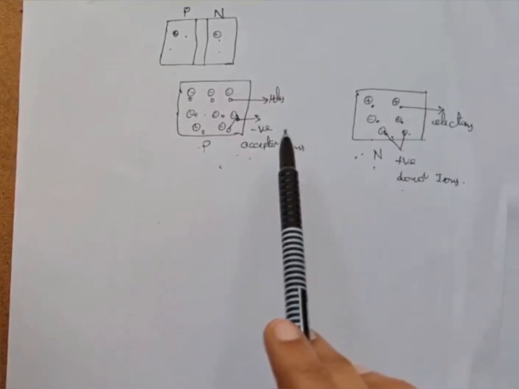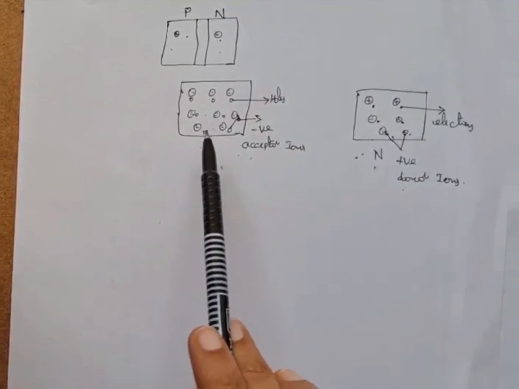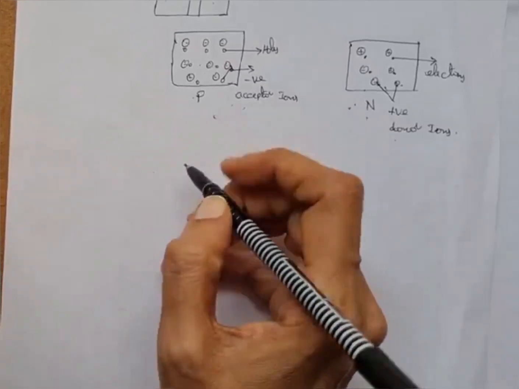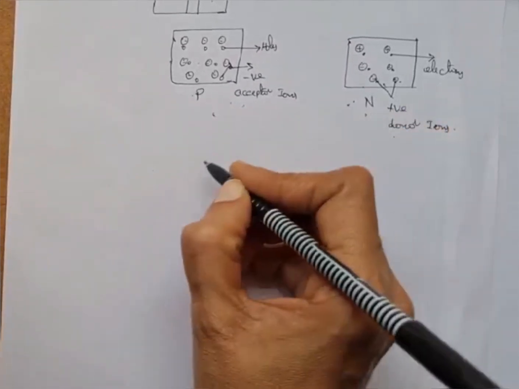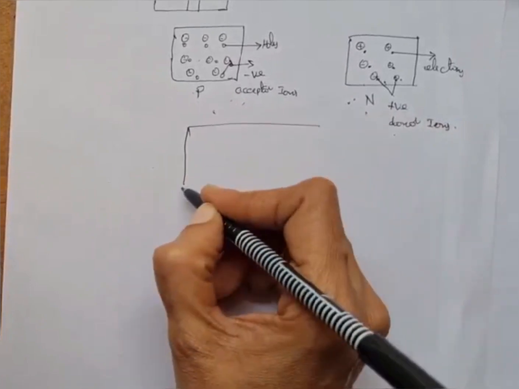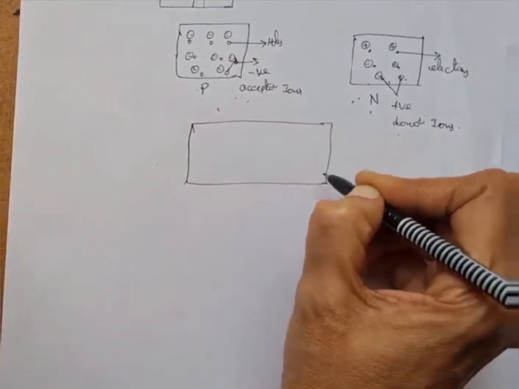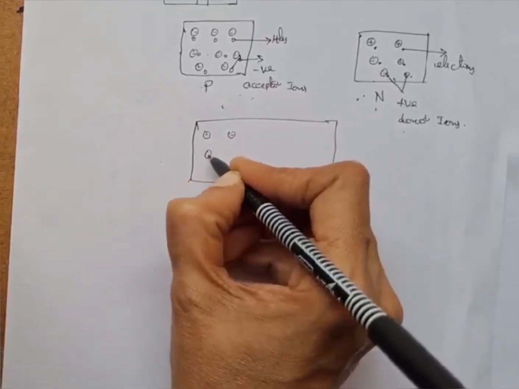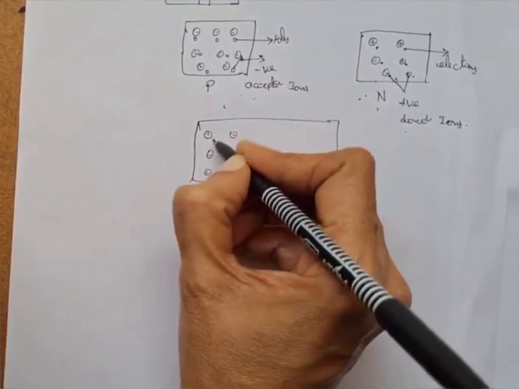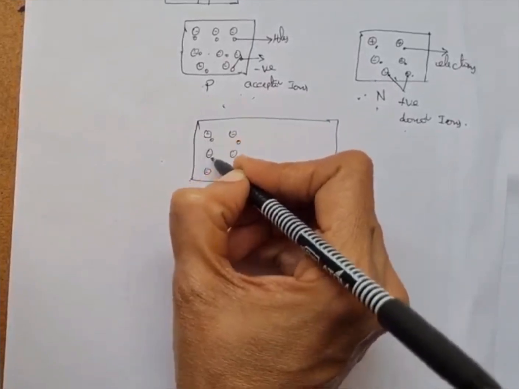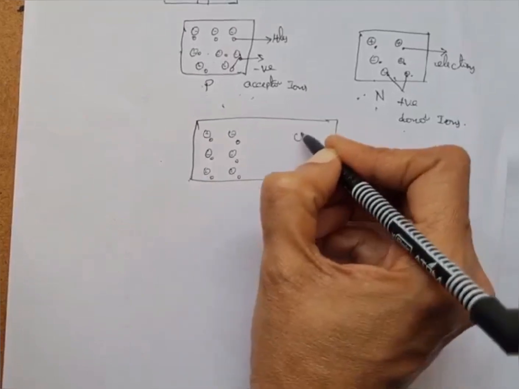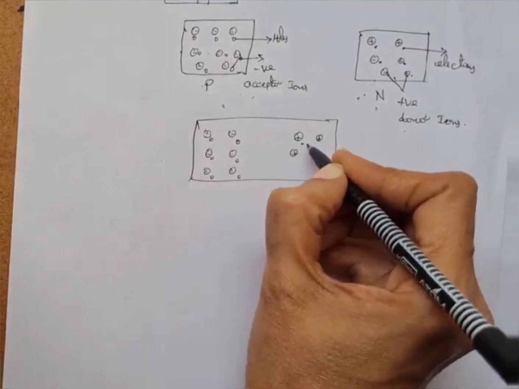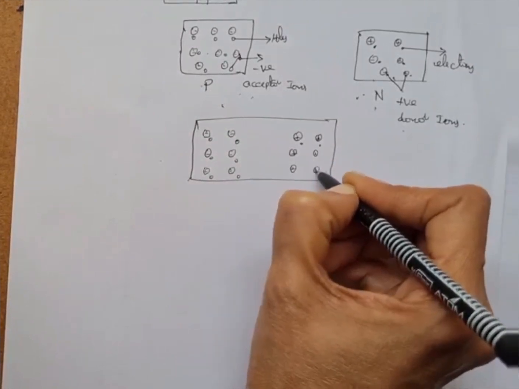On formation of a PN junction, some of the holes from the p-type tend to diffuse across the boundary into the n-type. See here, I am combining the p-type and n-type material. I am drawing a junction for understanding. This is p-type with holes, and this is n-type with donor ions and free electrons.